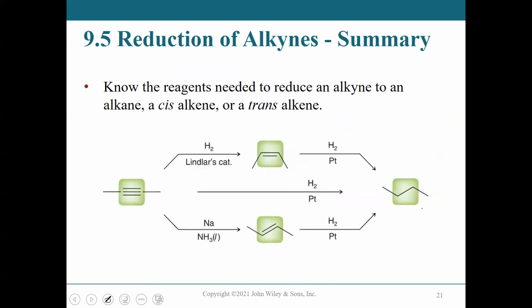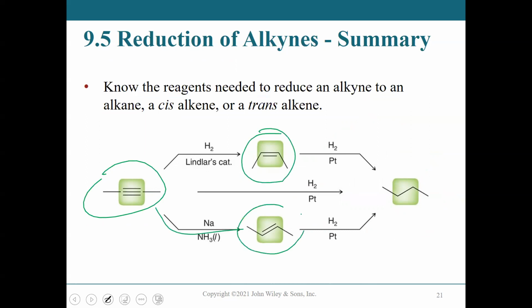This one is a good summary for the reduction, the hydrogenation. Lindlar, right? You have the alkyne, the Lindlar catalyst stops at the cis alkene. If you use sodium and liquid ammonia, trans alkene. If you want to go all the way, you can use H2/Pt and get the alkane. Here, the trans alkene, also H2/Pt, gives you the alkane. What if I don't want to stop? I just want to go all the way.